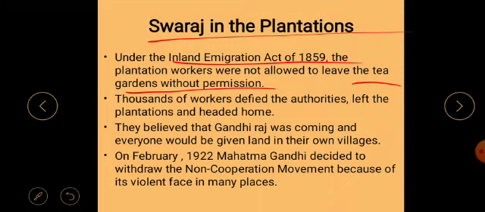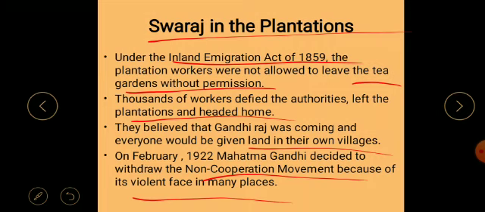They left the plantations and headed home, because they believed that Gandhiji was coming and everyone would be given land in their own villages. However, in February 1922, Mahatma Gandhi decided to withdraw the non-cooperation movement because of its violent turn in many places.